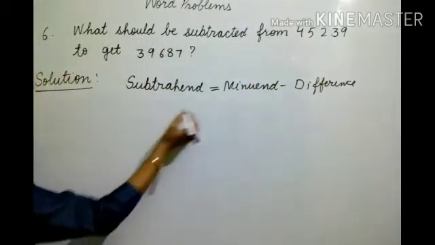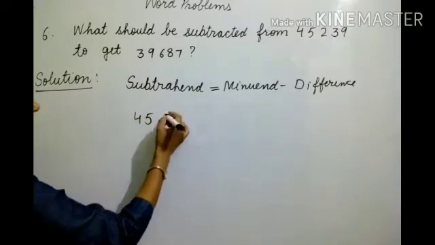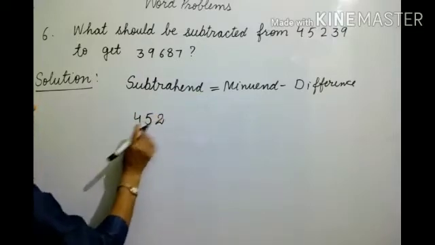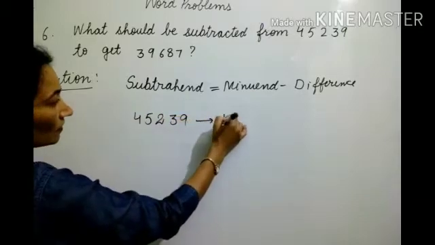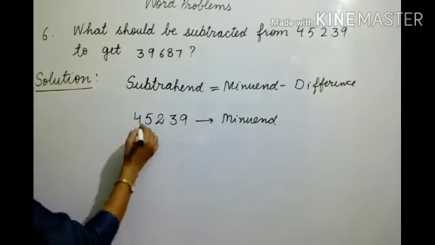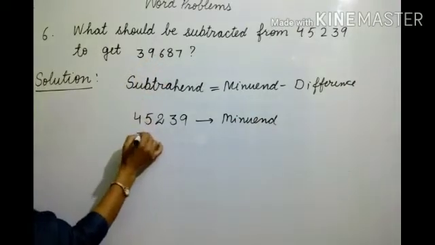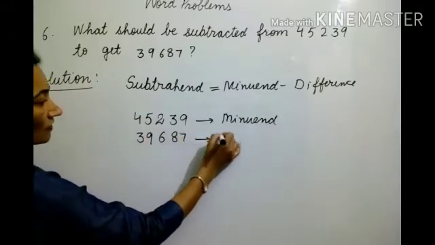Now write minuend 45,239, which is minuend, and difference is given 39,687.